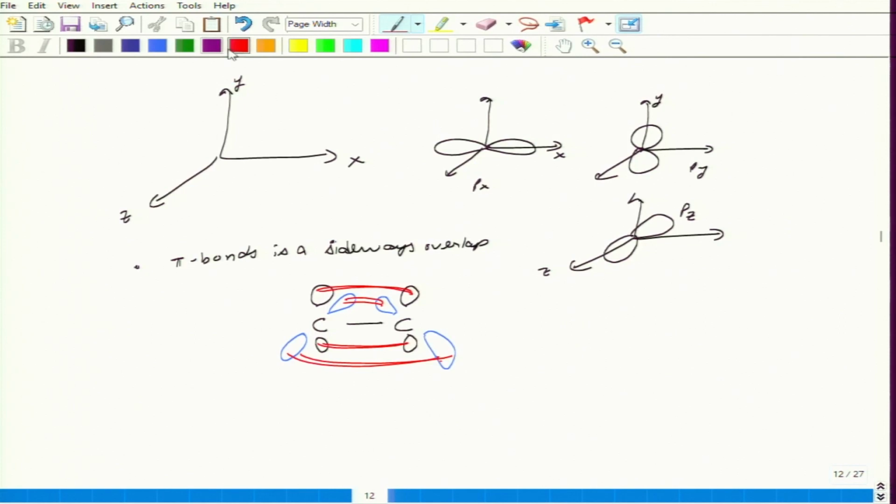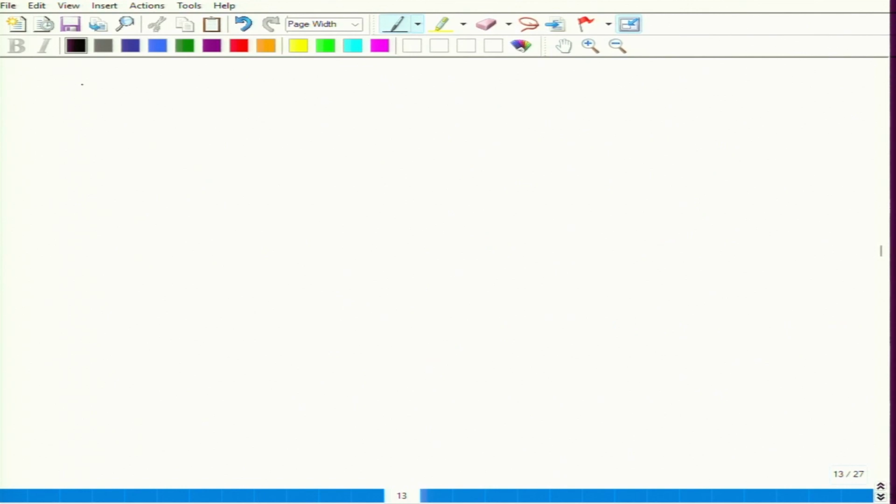This bond is the formation with the hydrogen, and this is one sigma bond, and one pi bond with the sideways overlap of p orbitals. This will give the structure of ethyne or acetylene. So these are the basic ideas about acetylene.